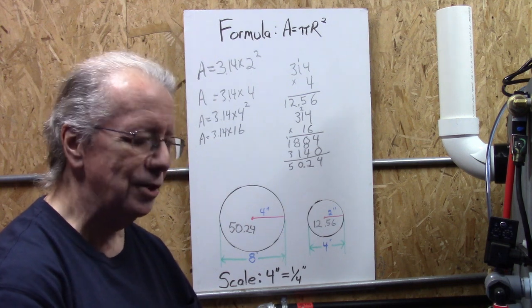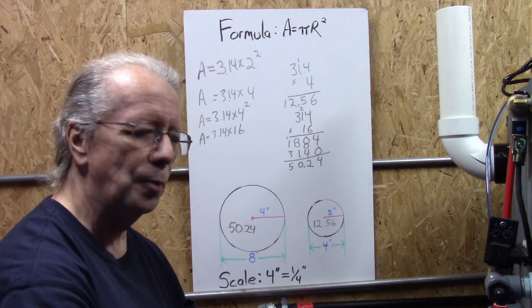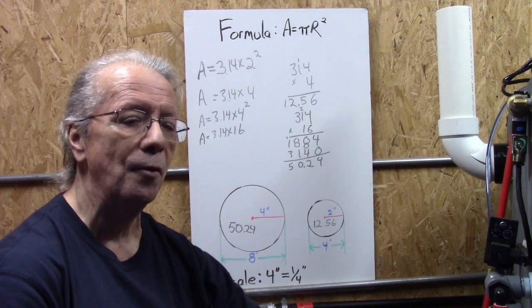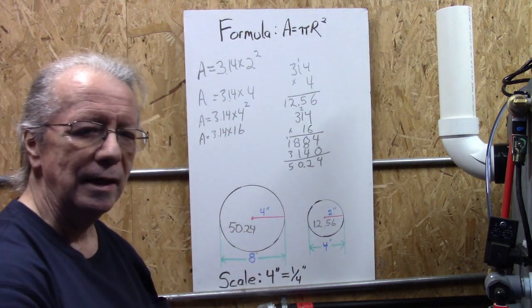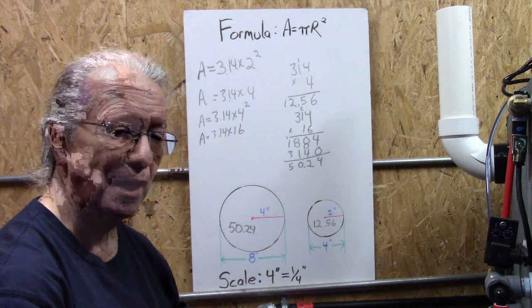And my logic is, the faster the throughput of the air, the more profound the difference between the 1/4 inch and the 1/2 inch will be. That's my theory, and so I'm going to test that.